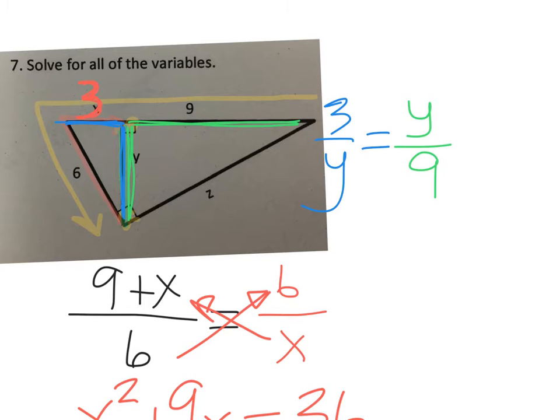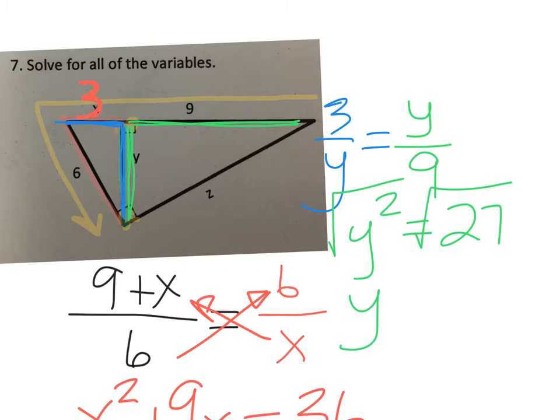And I get this proportion, which is quite fantastic. y squared equals 27. So square rooting both sides, y is about 5.2. I'll say, without using a calculator, that's as close as I'm going to get, so 5.2.